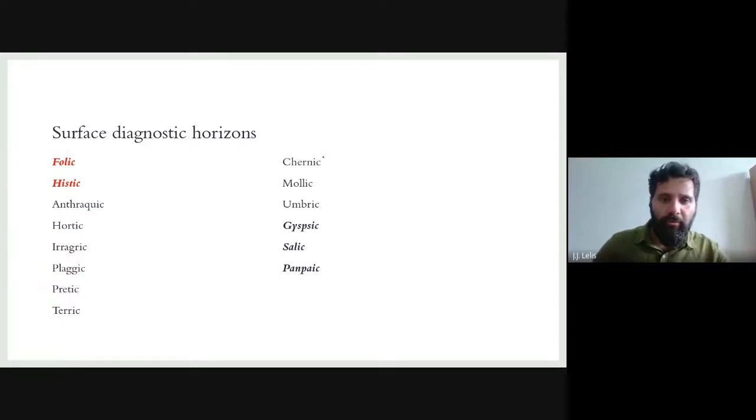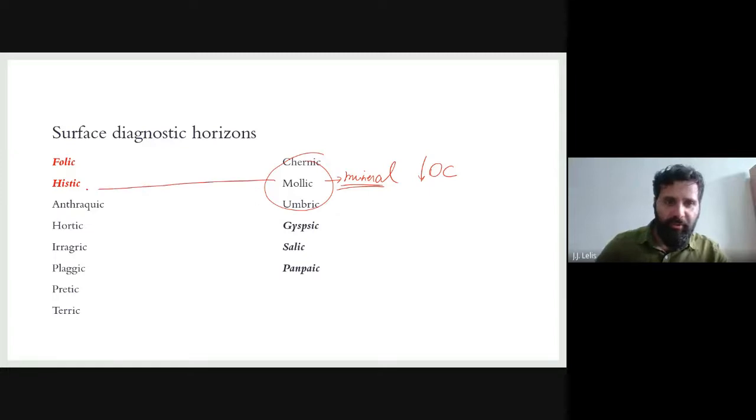We also describe these three horizons that are mineral horizons. And these mineral horizons present a low content of organic carbon in comparison with these two organic horizons, but they also present dark colors.